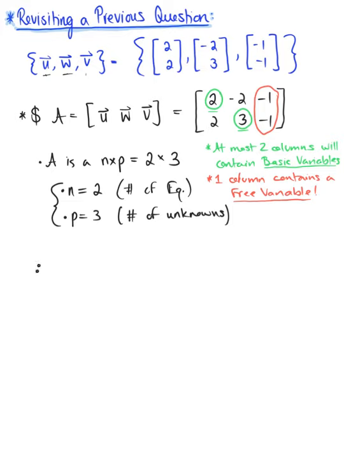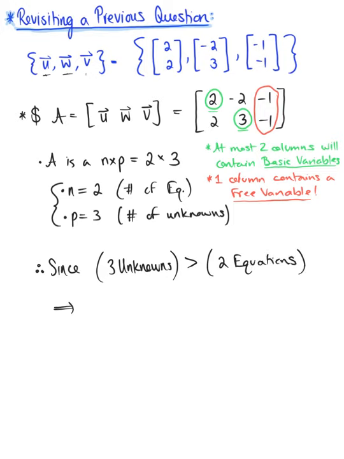So we can say that, therefore, since we have 3 unknowns, which is greater than the 2 equations of this linear system, the set of vectors defined by the columns vector u, vector w, and vector v is automatically, by definition, linearly dependent because a free variable exists.